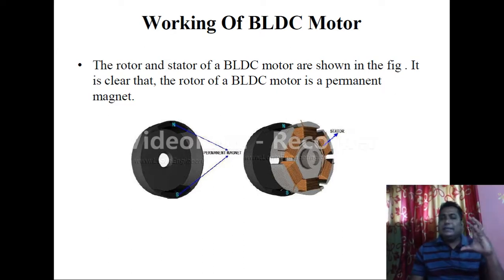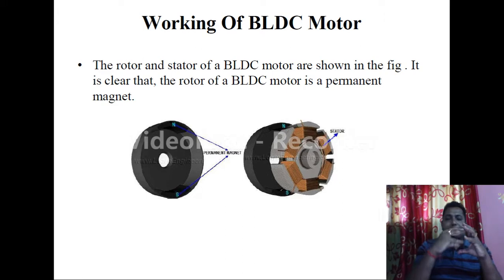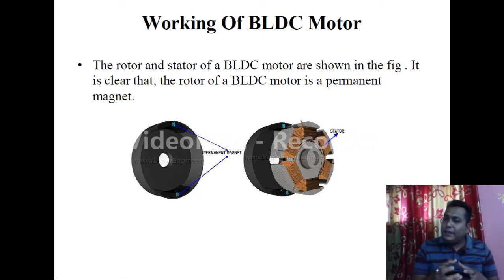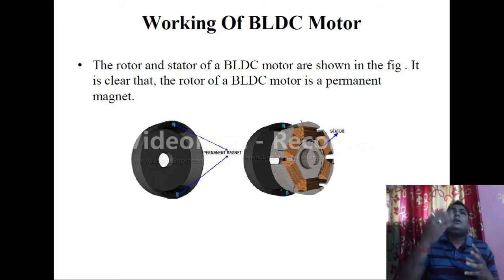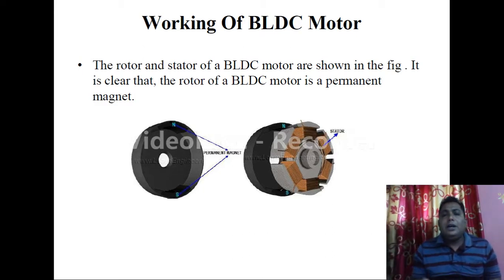The outer side is the rotor and inside there is the stator, and over the stator we have the slotting, and over the slotting we have the windings. When we give supply to the stator section, the stationary section, it will generate a continuous magnetic field so that the rotor rotates due to the magnetic attraction property.